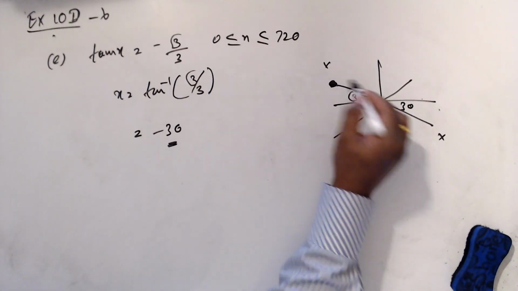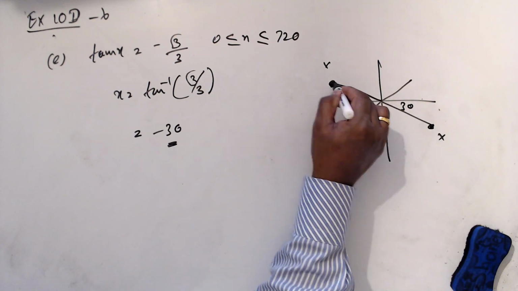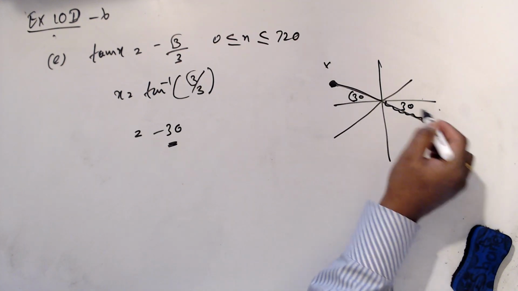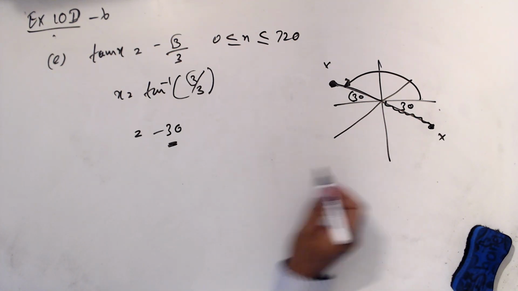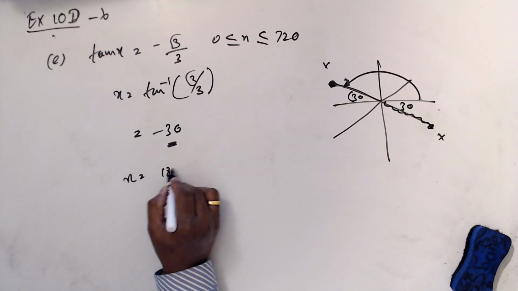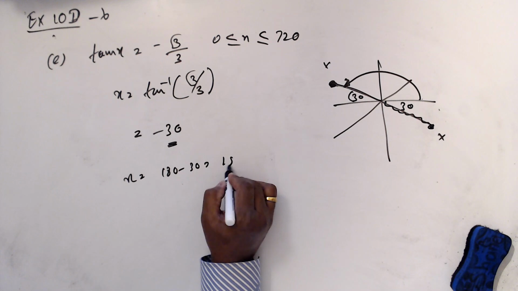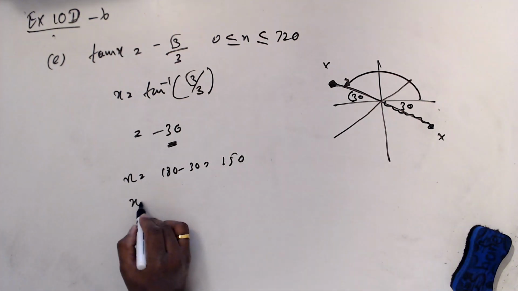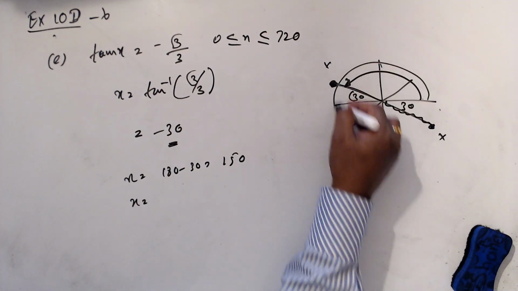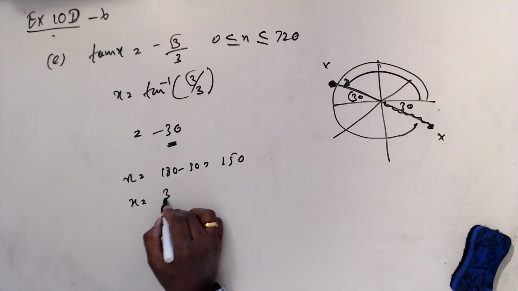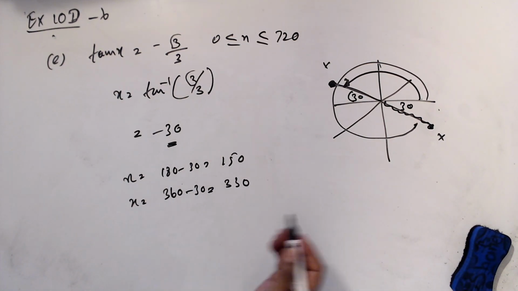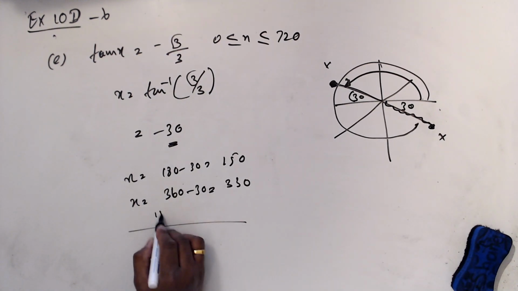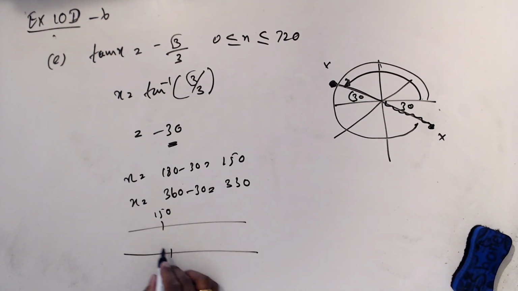So we have two options now. x is 180 minus 30, which is 150. Another one is 360 minus 30, 330.